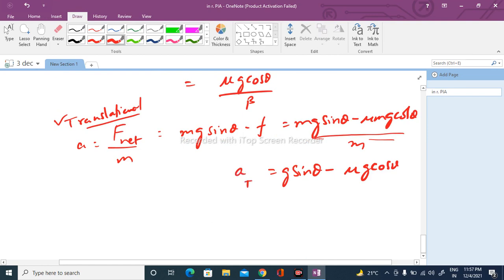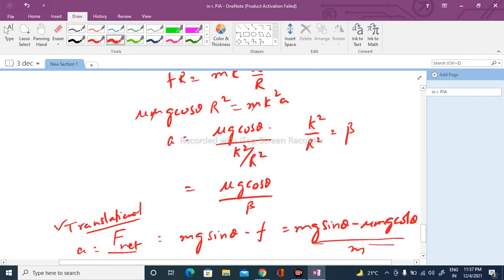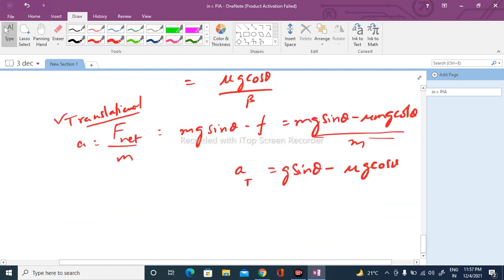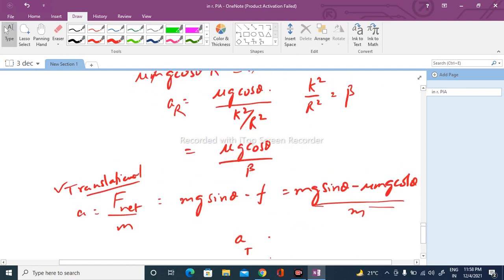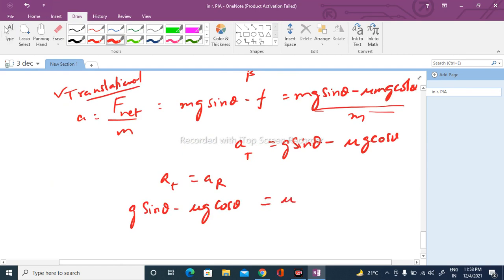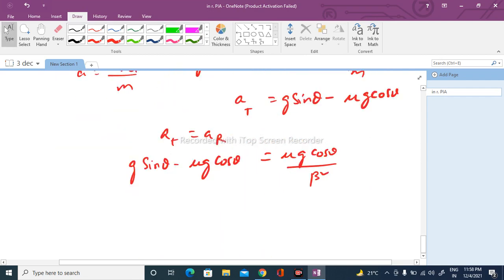This is translational and this is rotational. So A_T is equal to A_R. From here we can write g sin theta minus mu g cos theta is equal to mu g cos theta divided by beta, sorry, it is only beta.